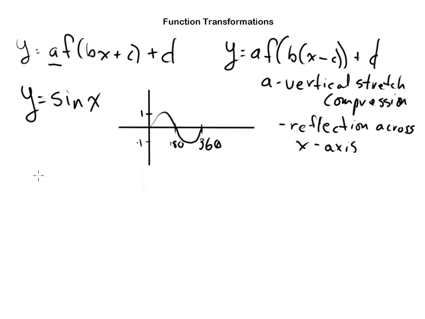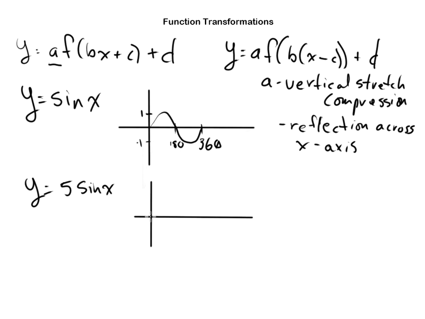So if we look at a really basic one, if we did, for instance, y equals 5 sine x, and then did a really quick sketch of that. Because it's a vertical stretch, it doesn't do anything to the horizontal component of this function.